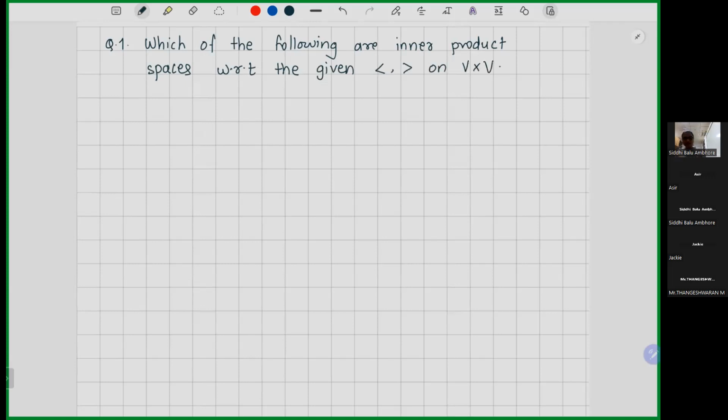Okay, so they are asking, so we'll be writing a few maps from V cross V to the given base field, and we will have to check which of the following are inner product spaces.